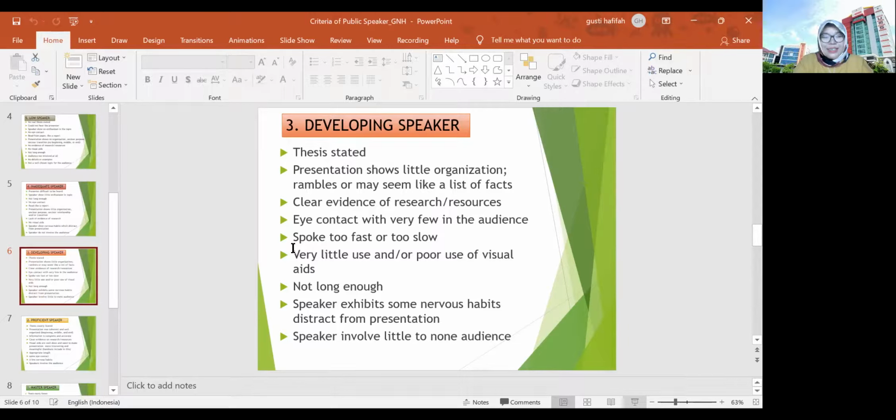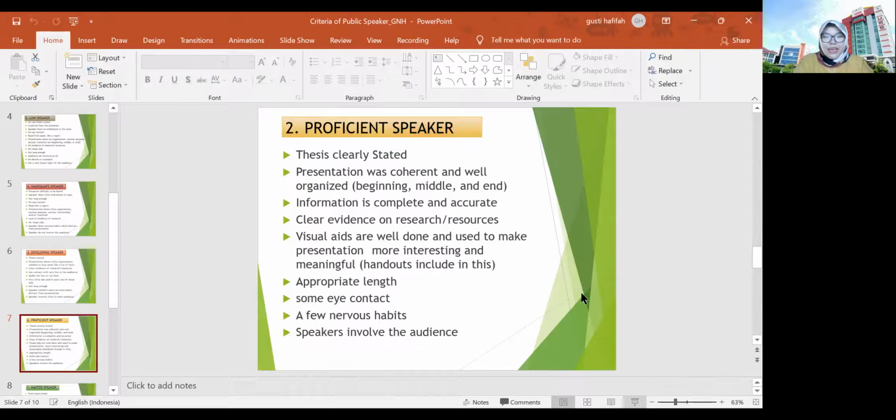The next is the proficient speaker. Okay, as a proficient speaker, the thesis is clearly stated and the presentation is coherent. Coherent means it's connected from the beginning and then the middle of the presentation and at the end.